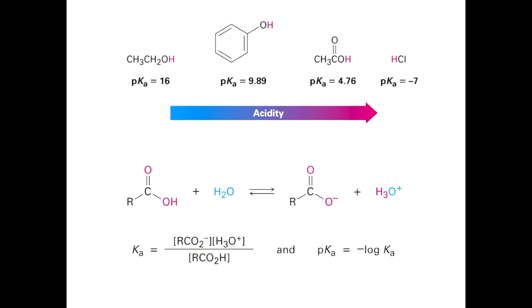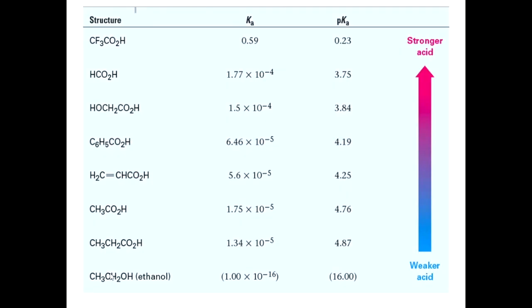Now, when it undergoes reaction with water, it converts into hydronium ion and carboxylate ion, and here the dissociation constant and pKa can be calculated from this equation. Some of the pKa and Ka values are given for some common carboxylic acids. First, trifluoroacetic acid has a Ka of 0.59, whereas pKa is 0.23.